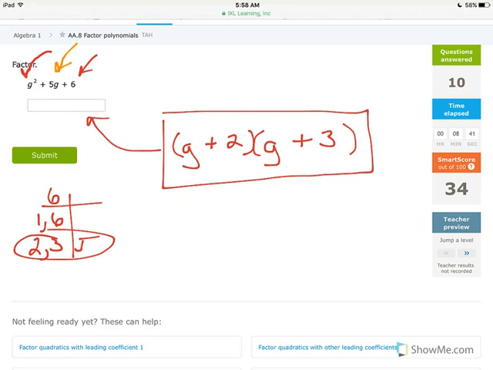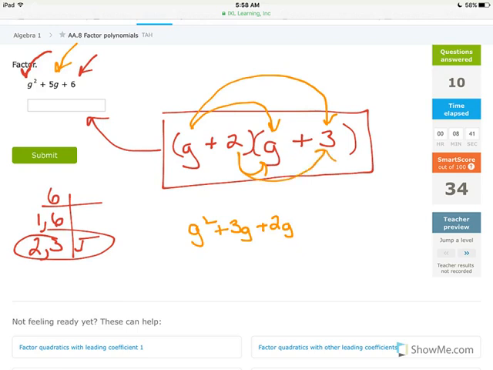And you can go ahead and check it by multiplying. So if I were to double check this, g times g is g squared. G times the 3 is 3g. 2 times the g is 2g. And 2 times the 3 is 6.